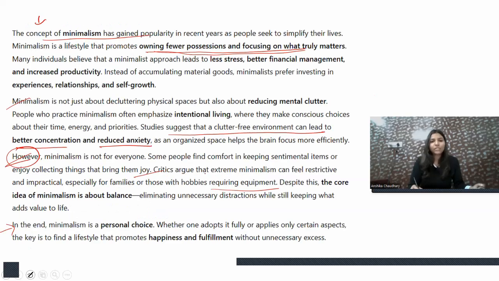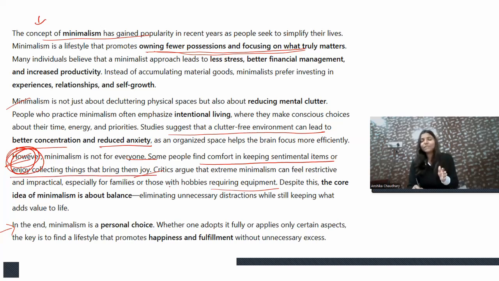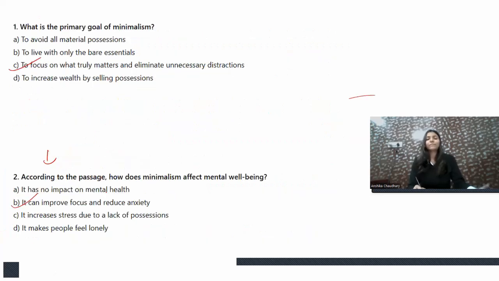We have talked about how minimalism is not for everyone. I said to focus on the keyword "however." The question is asking from here itself, about those who find comfort in keeping sentimental items or enjoy collecting things. So minimalism is not for those people. That's what it is asking for.